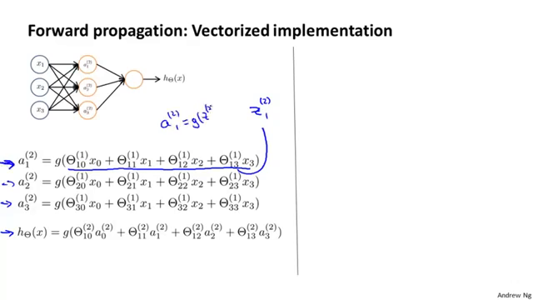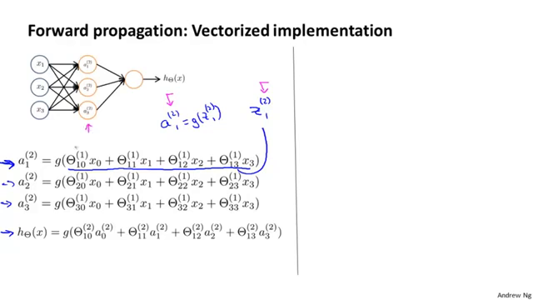And by the way, the superscript 2 in parentheses means that the z(2) and this a(2) are values associated with layer 2, that is, with the hidden layer in the neural network.